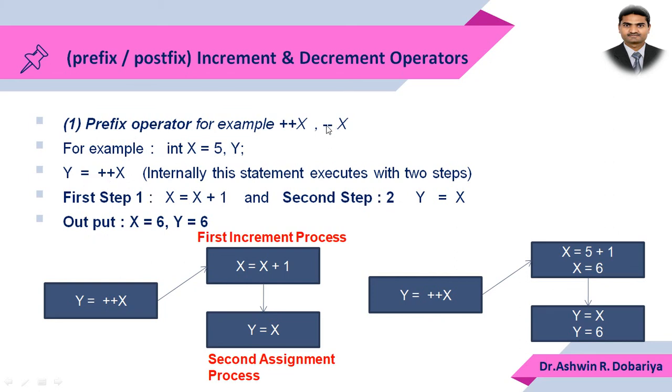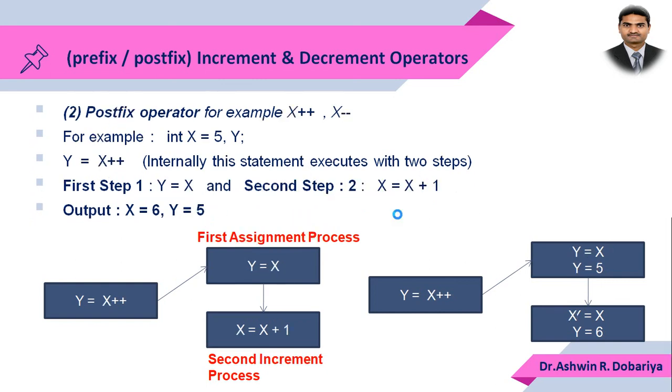Similarly the pre-decrement. Pre-decrement means first it decrements, updates the variable, and after that it assigns to the next variable. Now let's see one example of post-increment. Post-increment means the operator is mentioned after the operand. Here the same example, x is equal to 5 and y.